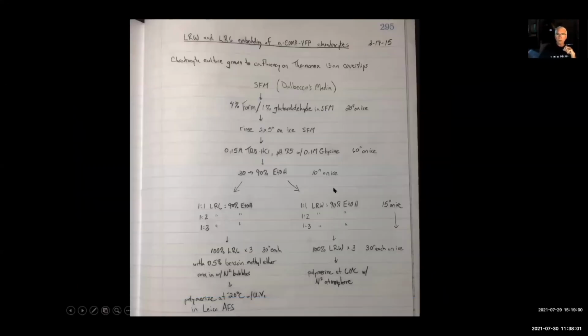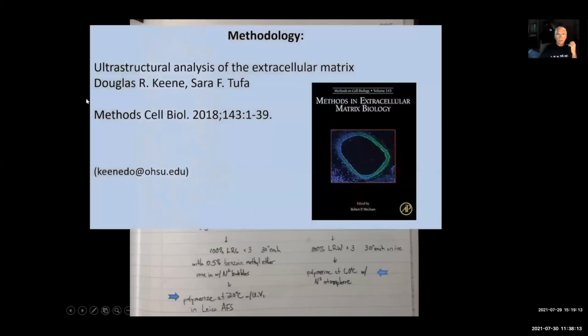Now, the protocols that we use are, of course, written up in our experiment books with quite a bit of detail. It's difficult to just type all this up and give it to you in one meeting, but I will tell you that if you go to this edition of Methods in Cell Biology, volume 143, you'll find a chapter in there for the ultrastructural analysis of extracellular matrix.